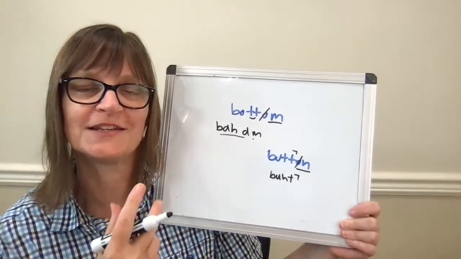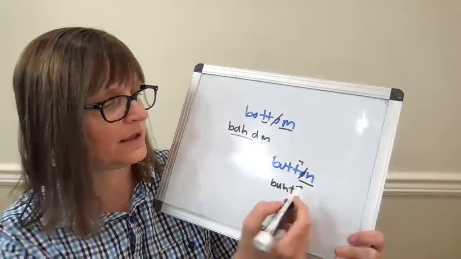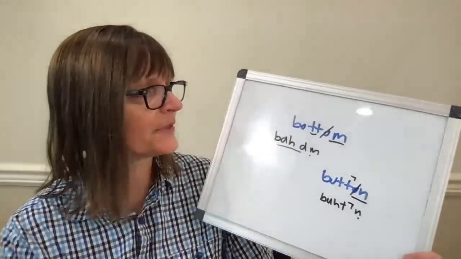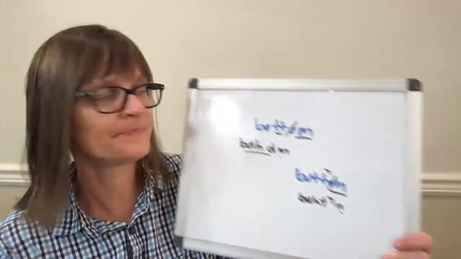I just release it right into the N. Button. And my N is very short, almost no vowel there. So bottom, button. Yeah, those are tough words. As I said before, come back later and check the comments for this video, and I'll give you a link for my video that goes into more detail on all of those words.